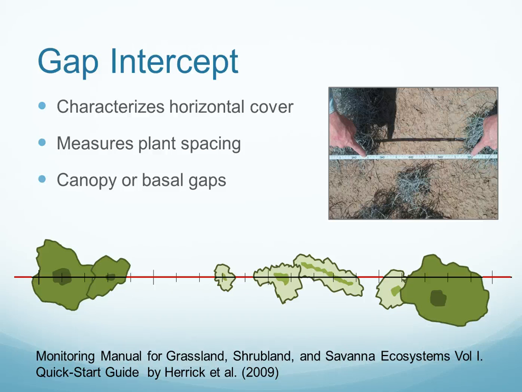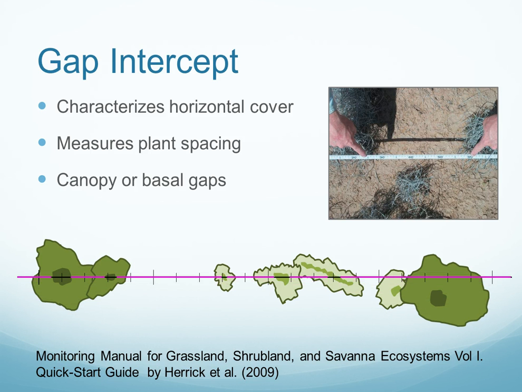This is very similar to the continuous line intercept method that we reviewed in the lesson on cover, except that it's in reverse. We're not measuring the length of the canopy, we're measuring the length of the intersection of the gaps between canopies. We can also measure basal gaps.